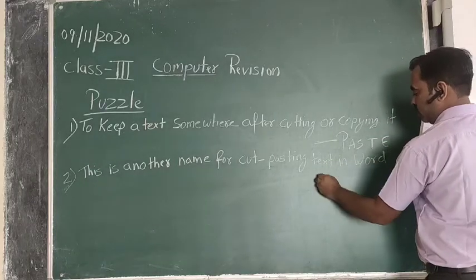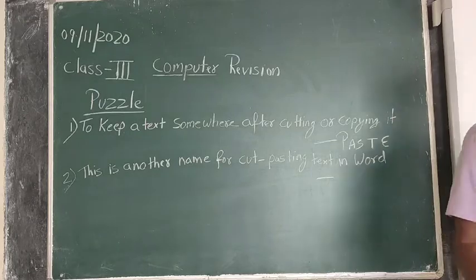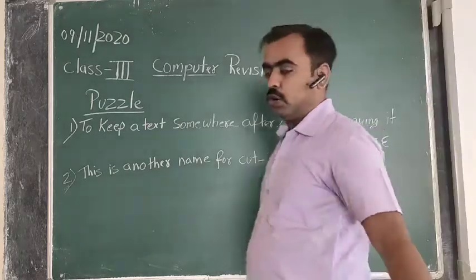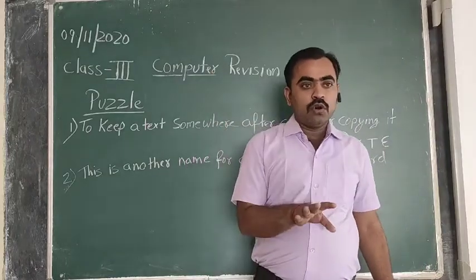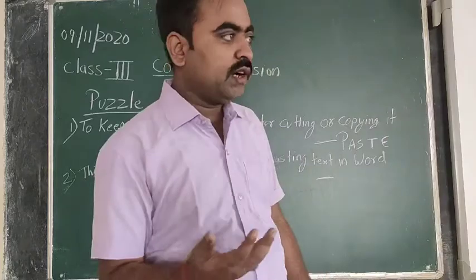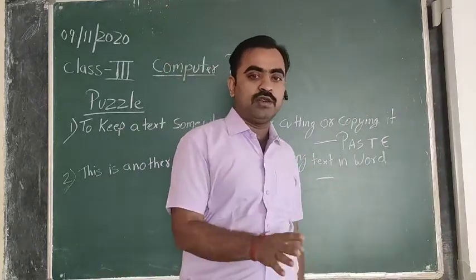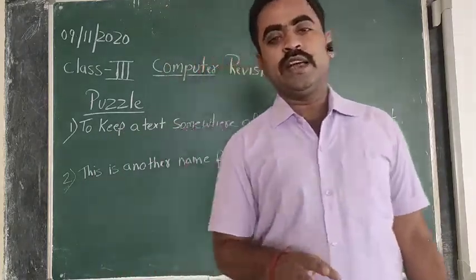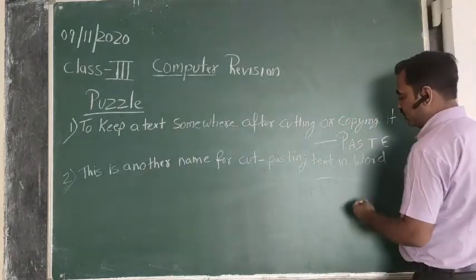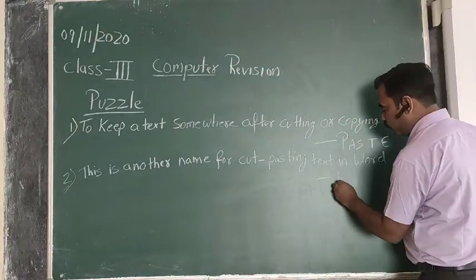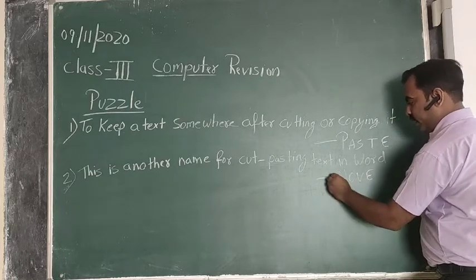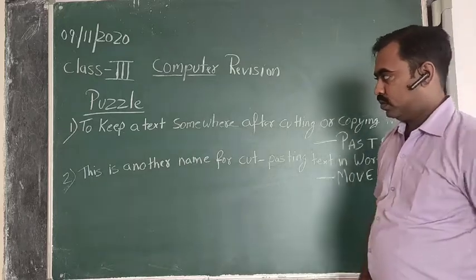Okay. So if you are using the option of cut and paste, the main thing that you want to do is move that text or the file. So the name for cut and paste text in Word is move. The correct answer is move.